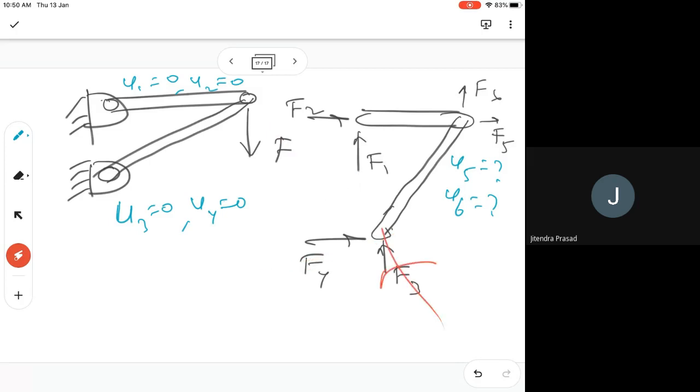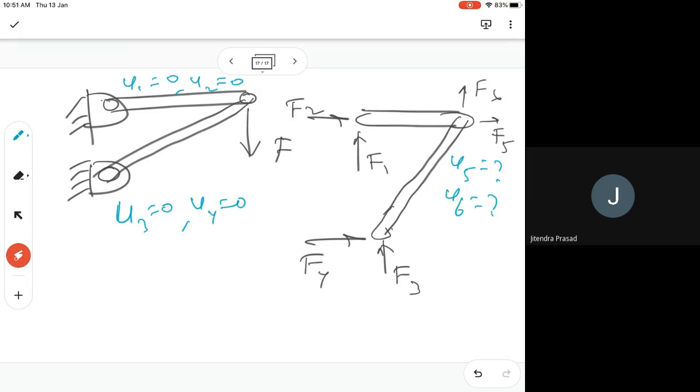It doesn't matter. Finally, what it bothers about is what current is reaching here, that's it. Whether the wire is coming from this side or this side or this side, all are electricity only, right? But not in case of structures, because force in this direction is different from force in this direction, and it will change, right? You apply a force in this direction, it will move this way. You apply a force in this direction, it will move upwards, right? But unlike in the electrical system, where if your wire is coming from this side or this side or that side, the effect will be the same. Yeah, so that's the difference.